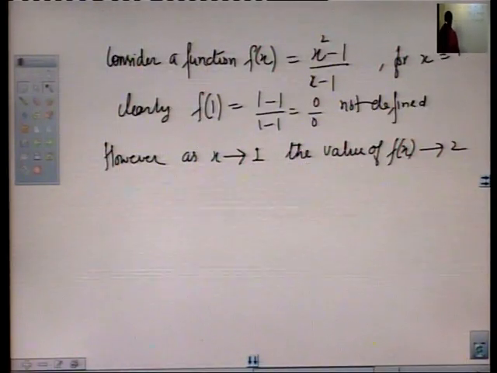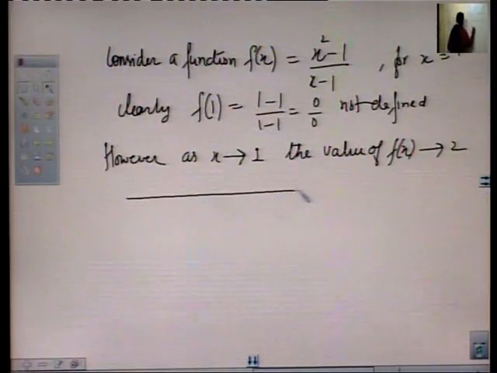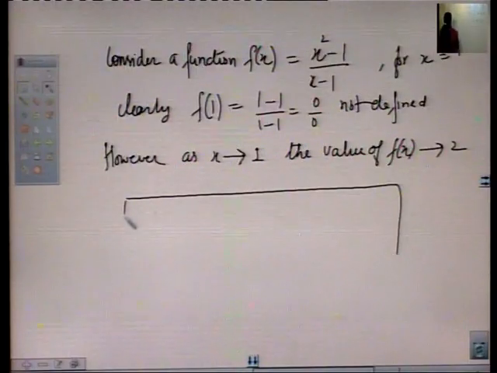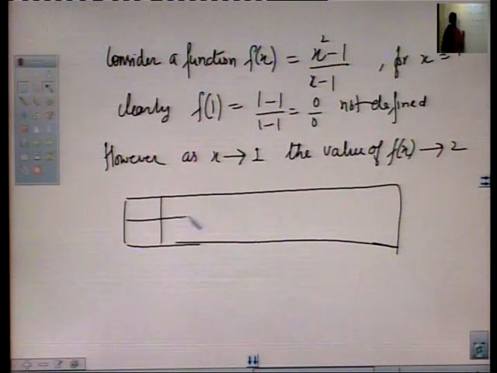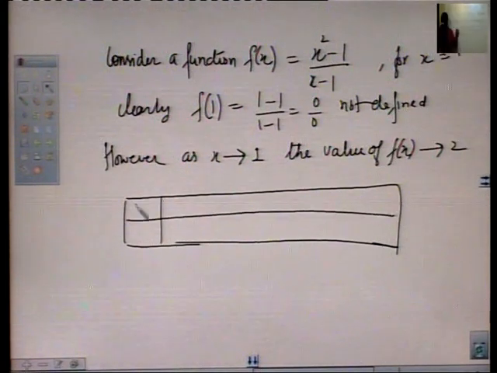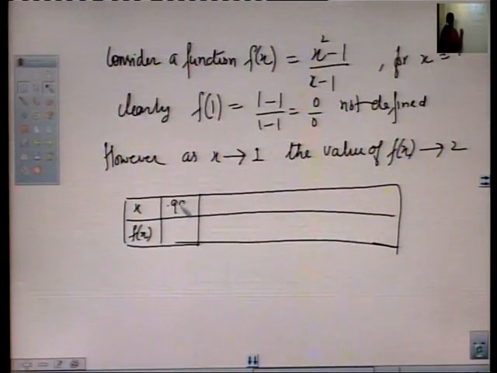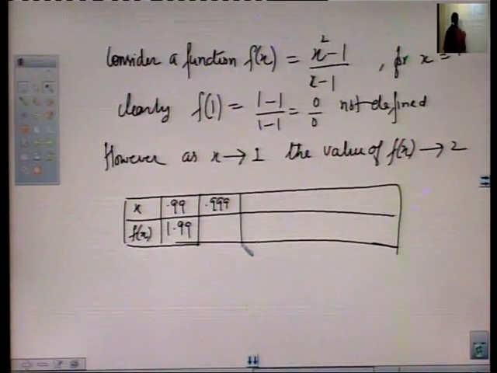It is clear from the table. If we take the value 0.9 and put this value over here, then we get the value of f(x) as 1.9. For 0.99, it is 1.99, and for 0.999, it is 1.999.